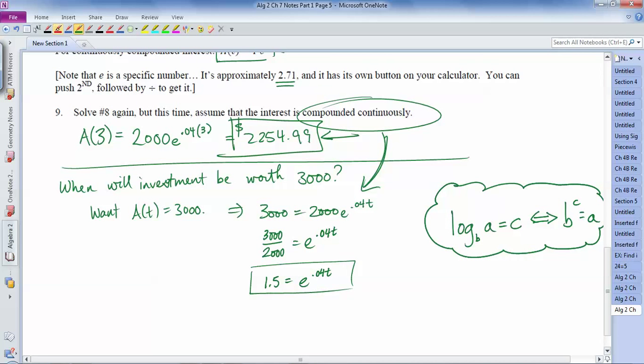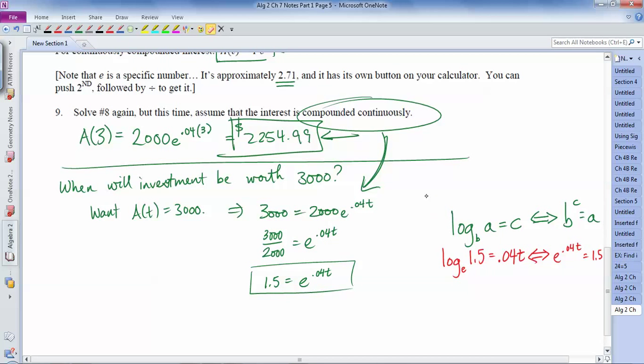Let me write what we have right underneath the b to the c equals a, because that's the form that we have. We have e to the 0.04 t equals 1.5. And we're looking for the exponent, so that's why logs come in handy. If I switch that, I've got log base e of 1.5 equals 0.04 t.